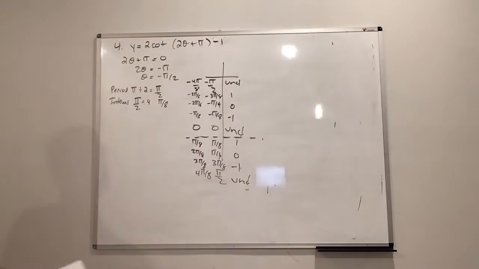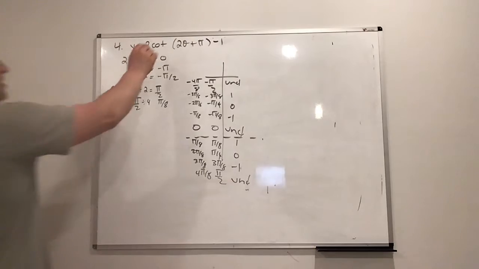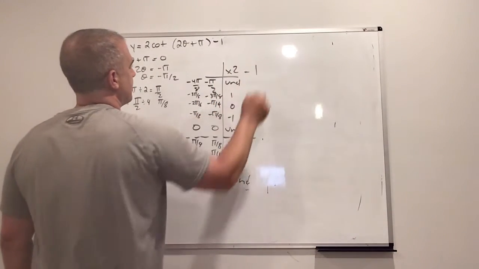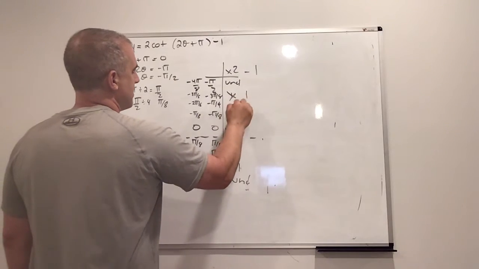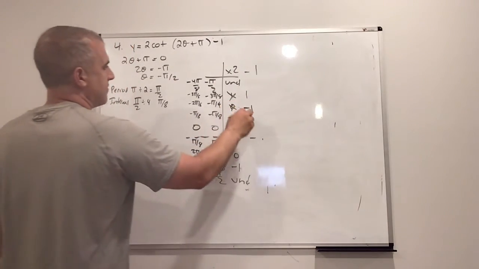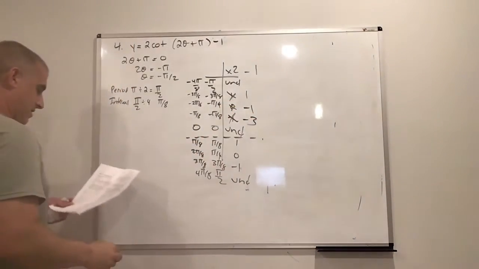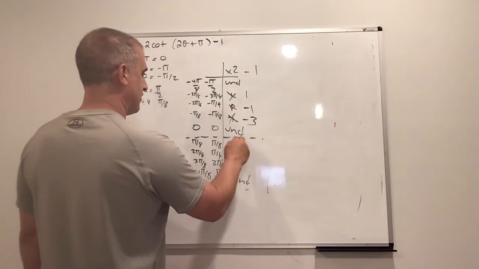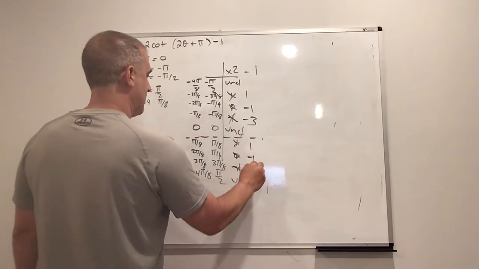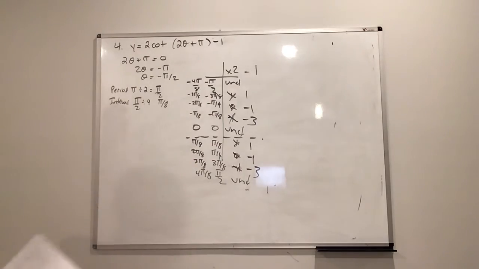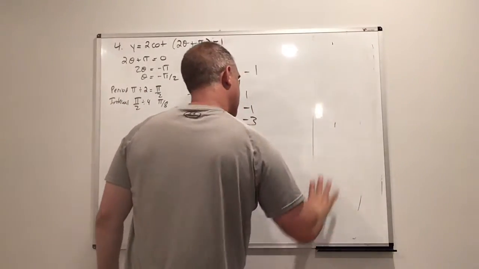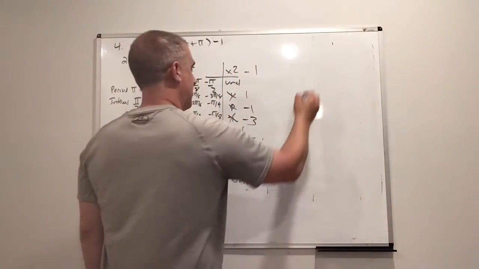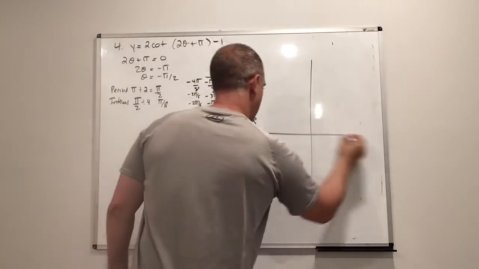Okay, what I want to do with the values here is times 2 minus 1. So it'd be 2 minus 1, which would be 1. It'd be 0 and negative 1, that would be negative 2, negative 3 now. And the same thing: this would be 1, negative 1, negative 3. Since I go into the negative pi's, I'm going to have to have a part on this side.